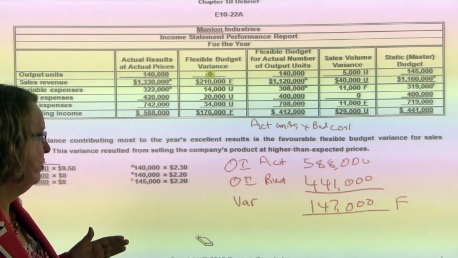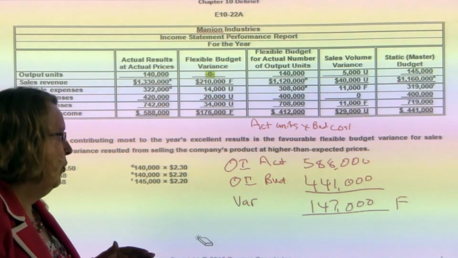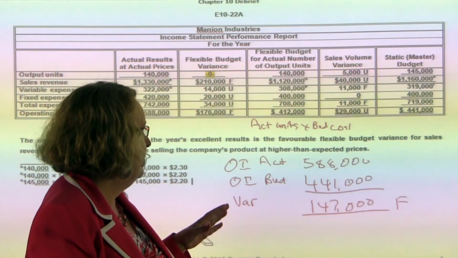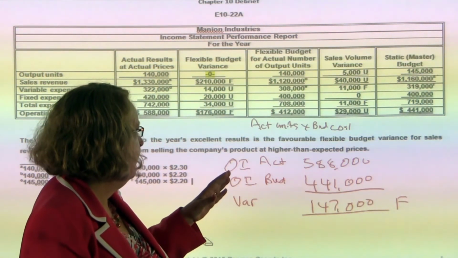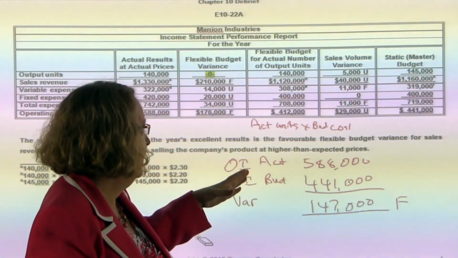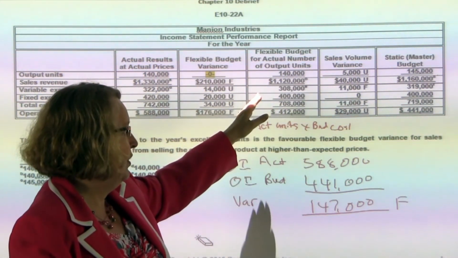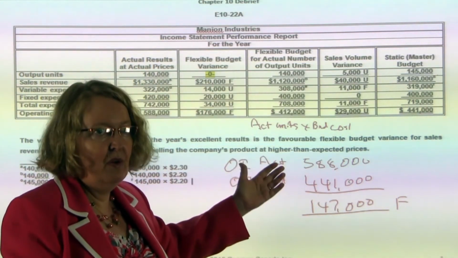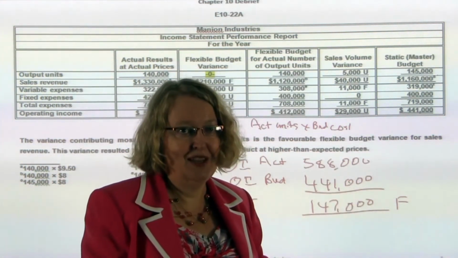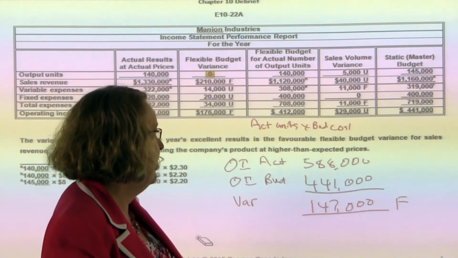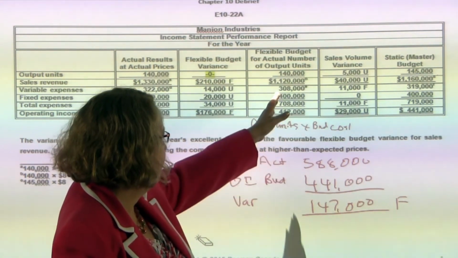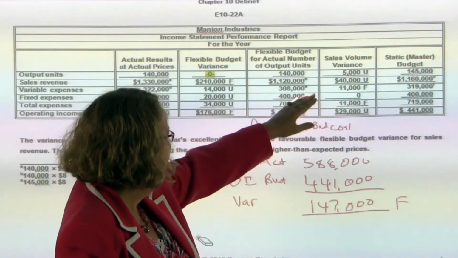So now the next thing you want to look at is the difference between your flexible budget and your static budget. Your flexible budget is based on 140,000, which is what you actually sold, whereas the static budget was based on your expectation of selling 145,000. So all you're doing here is taking the difference between the static and the flexible.